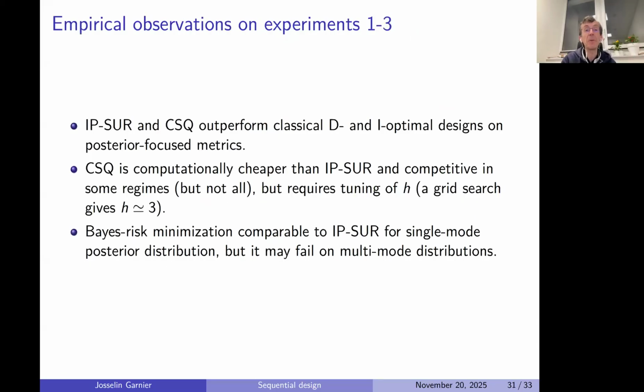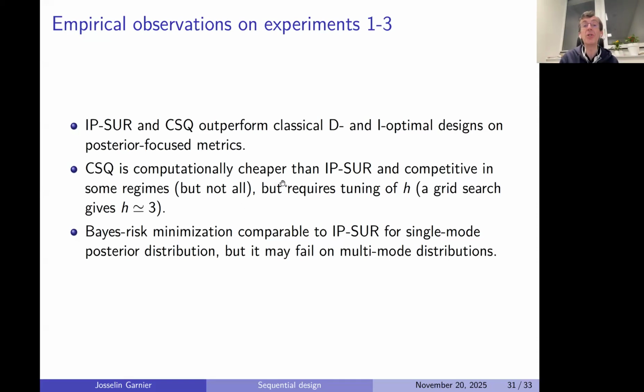So these are the experimental observations. Of course, IPSure and CSQ, well calibrated, outperform the classical design strategies, but this is normal because classical design strategies don't focus on the posterior distribution. They want to reduce uncertainty everywhere. This is not what we want to do.